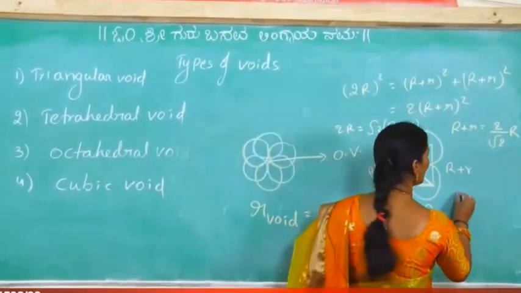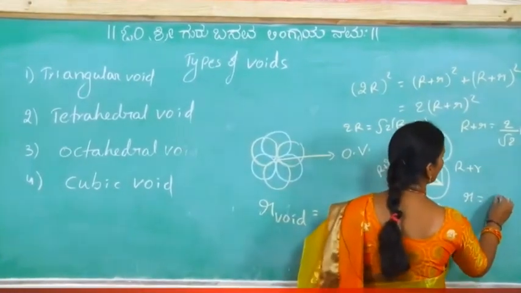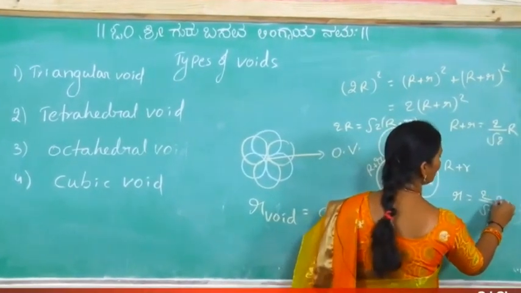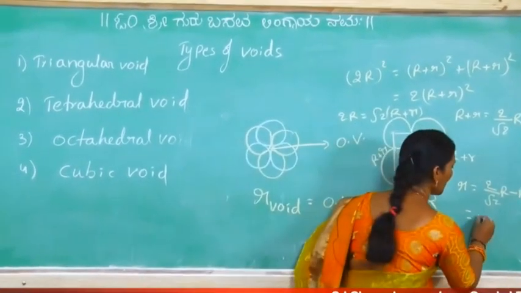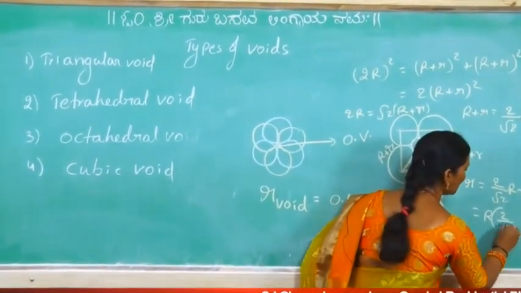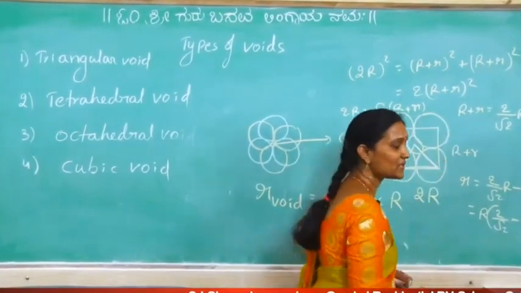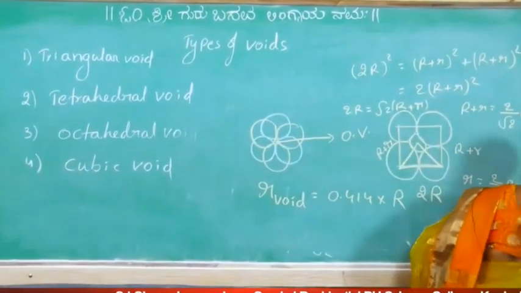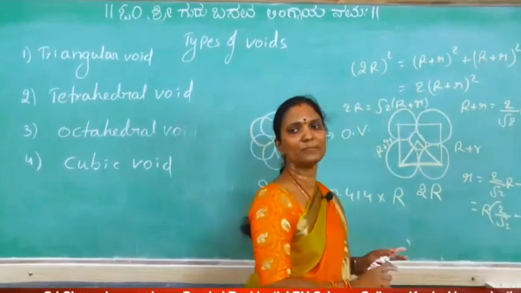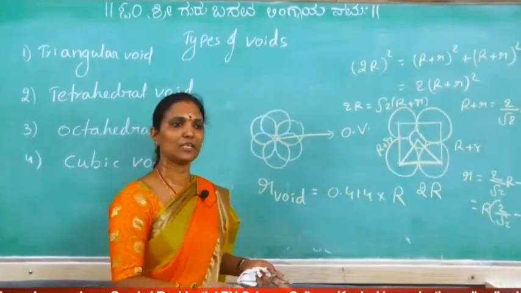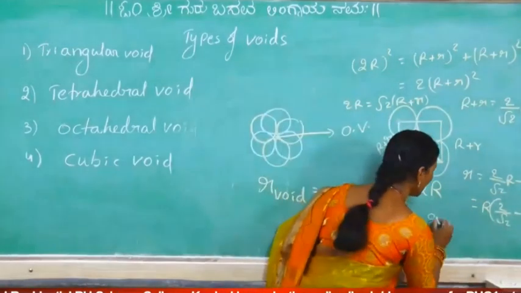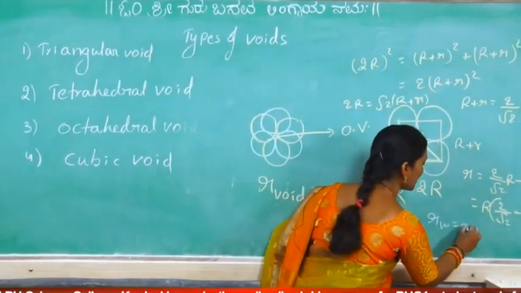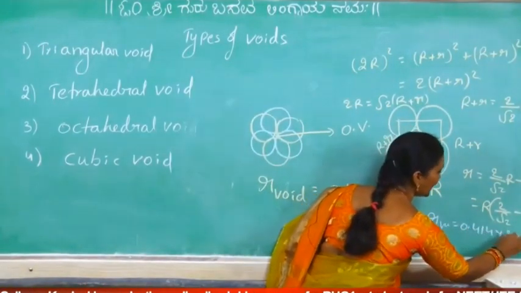Now the radius of void is 2 by root 2 r minus r. Take this r common: 2 by root 2 minus 1. Just to confuse you in the options, they will give this 2 by root 2 value minus 1. That we can find: what is the value of 2 by root 2 minus 1? Finally, what do we get here? Radius of void is equal to 0.414 into radius of sphere.